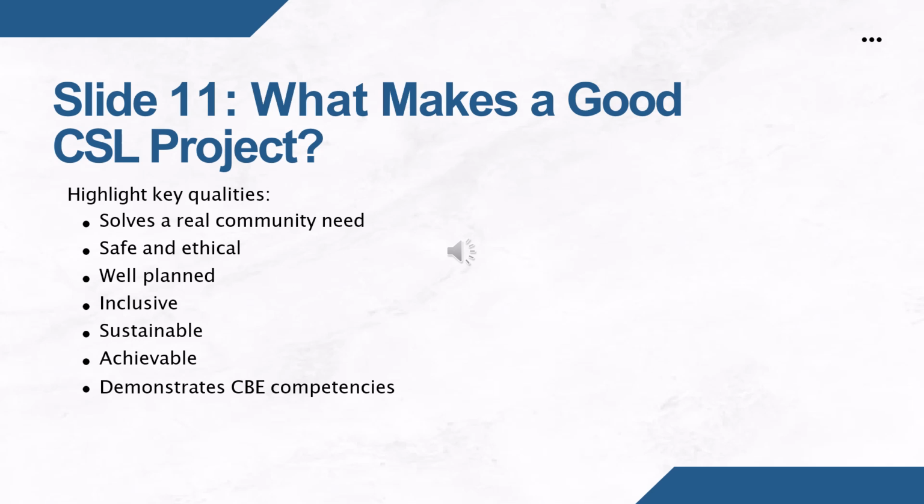In addition, a good project should be sustainable, meaning its benefits can continue even after the project has ended. Most importantly, the project should be achievable. Learners should choose goals that are realistic and can be completed using available time, resources, and support.